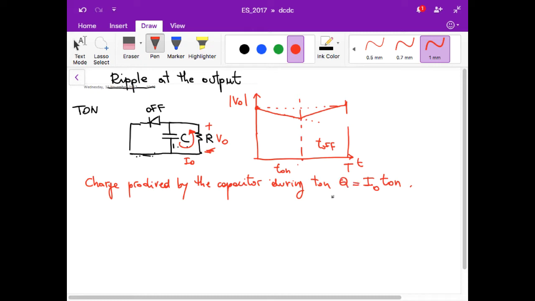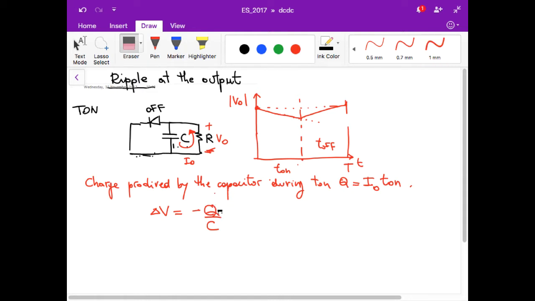Okay? And of course, if the capacitor provides this charge, the variation of the voltage on the capacitor is equal to Q over C, by definition of capacitance.